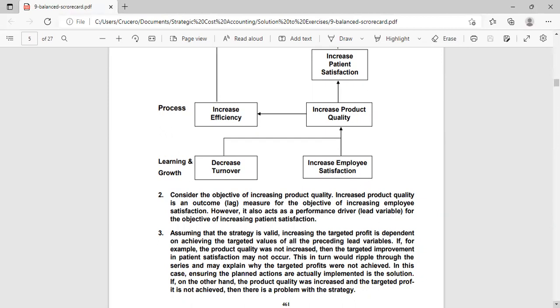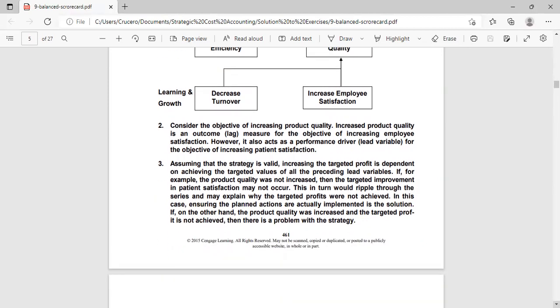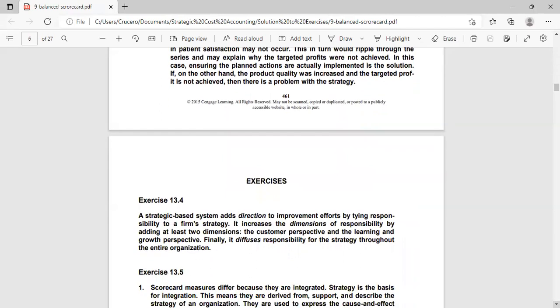Now we go to 13, that's 4, activity-based responsibility accounting versus strategic-based responsibility accounting. The following comment was made by the CEO of a company that recently implemented the balanced scorecard.